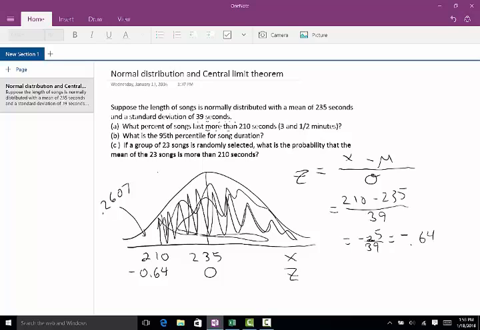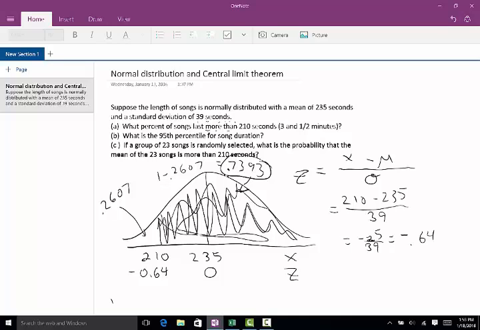We want 1 minus 0.2607, 100% minus 26%, about 74%, 73.93. Okay, and now that's the answer. That's this area. Don't always do that. It depends on the diagram that you're doing.